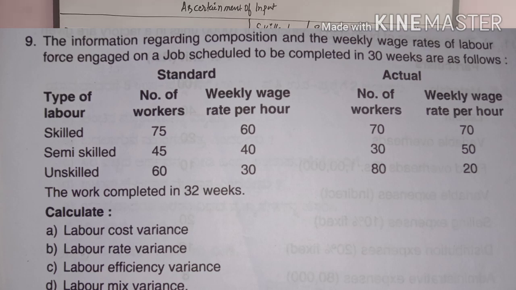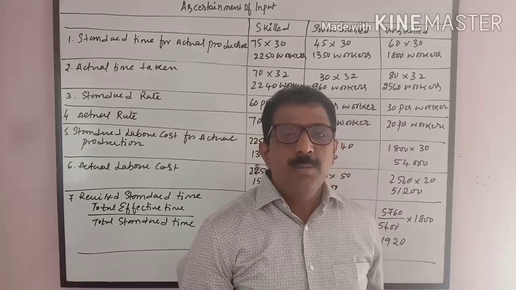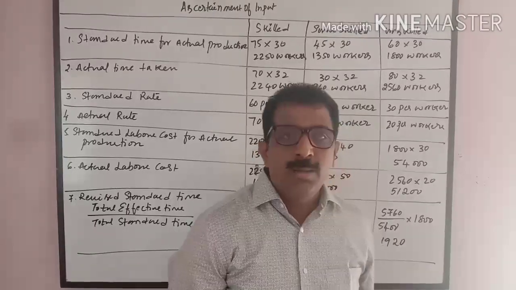Standard workers: 75, 45, 60; standard wages 60, 40, 30; actual workers 70, 30, 80; actual wages 70, 50, 20. The work was completed in 32 weeks. Calculate labor cost variance, labor rate variance, labor efficiency variance, and labor mix variance. They are asking us to find all four variances. Almost all problems appear in a similar manner.